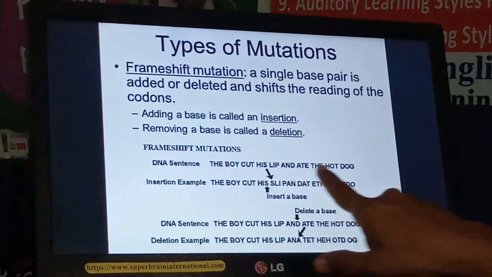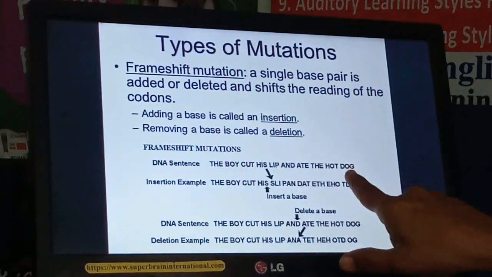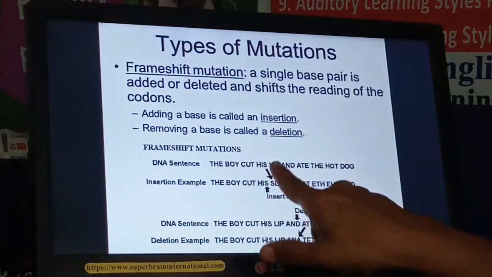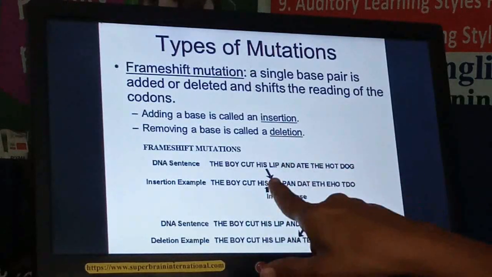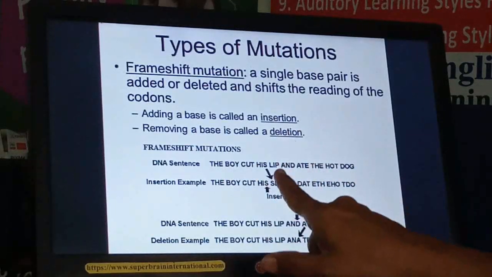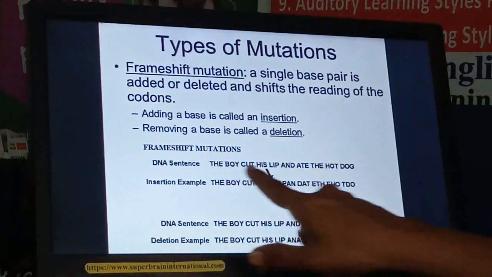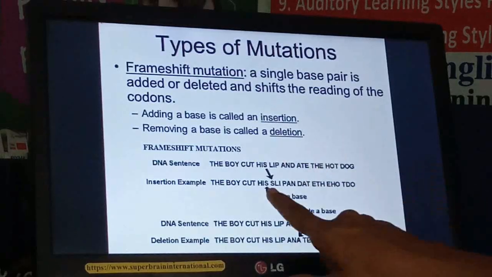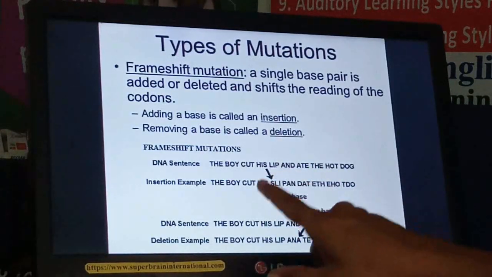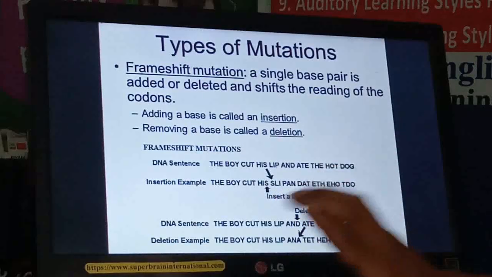These words in the sentence represent the triplets of the codons. If any one letter is added in this, the sentence meaning will be changed.